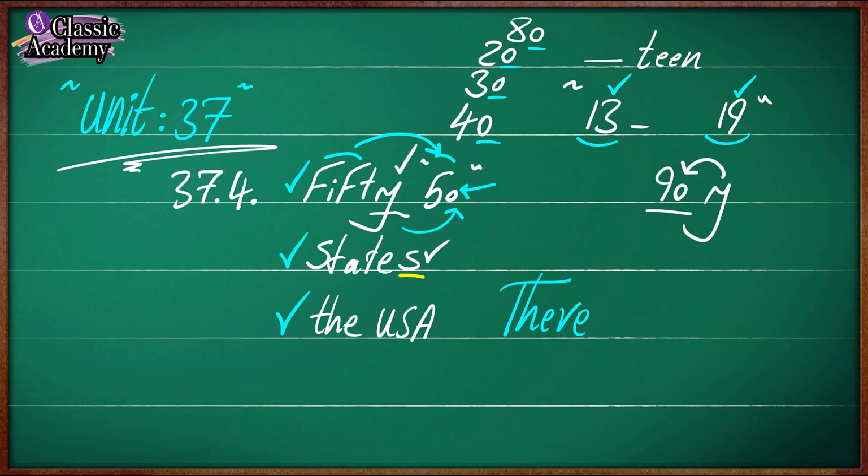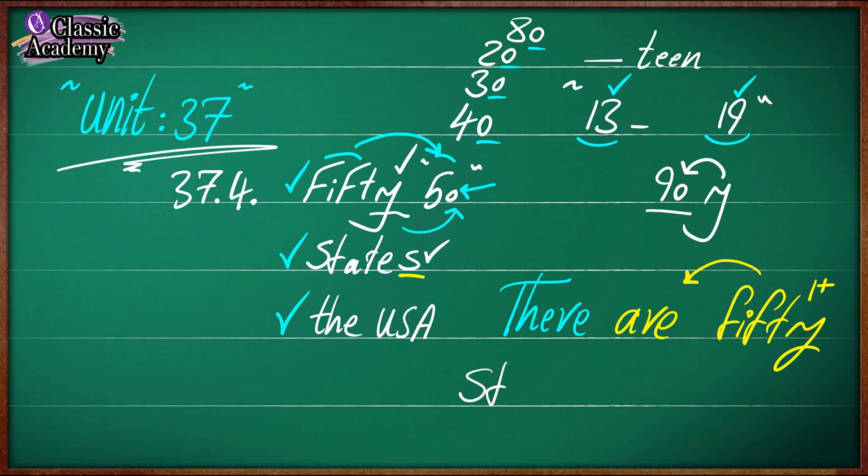We need a plural verb here too. Of course we do. So there are, look at it, 50. This 50 is very important. 50 is more than one. So we need to bring are here. Okay, and then after there are 50, we say states.